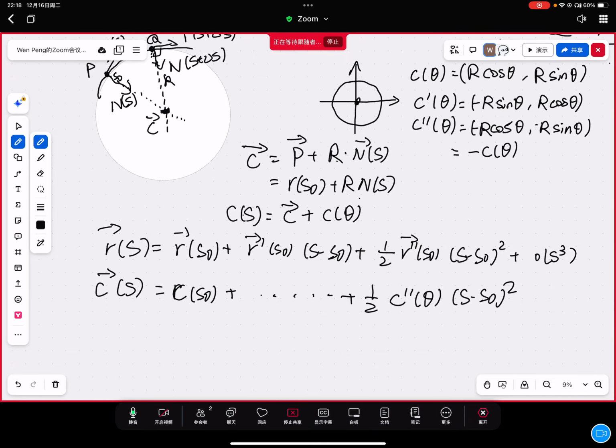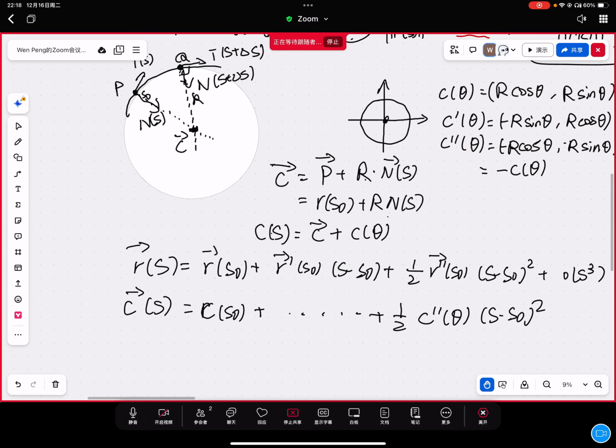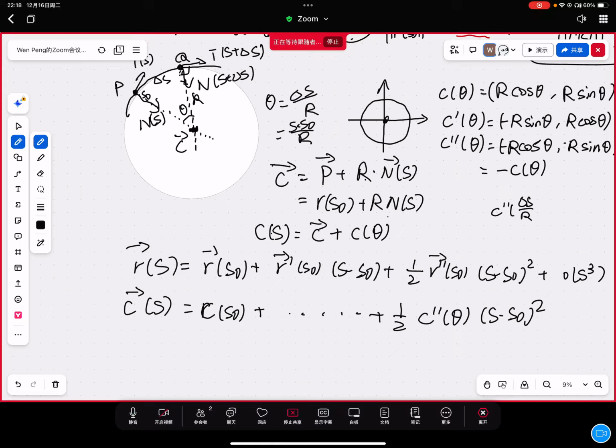So what's the next step? We examine this theta here. Theta is actually theta equals s over r, which is s minus s naught over r. So c of theta is actually c of r theta, s over r, which if you take the derivative, you'll get this.